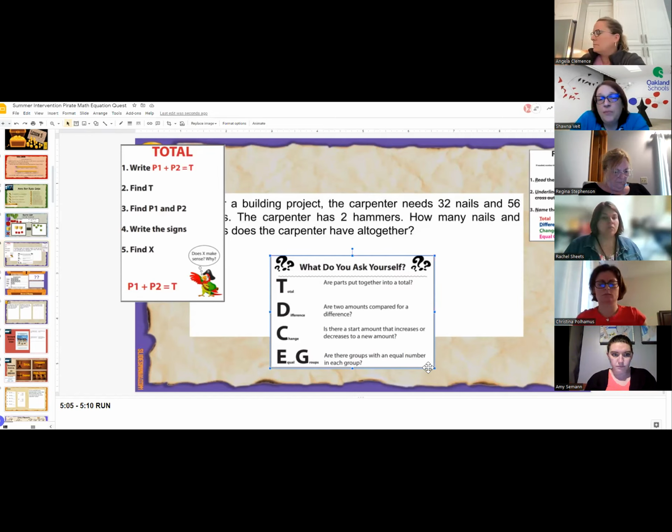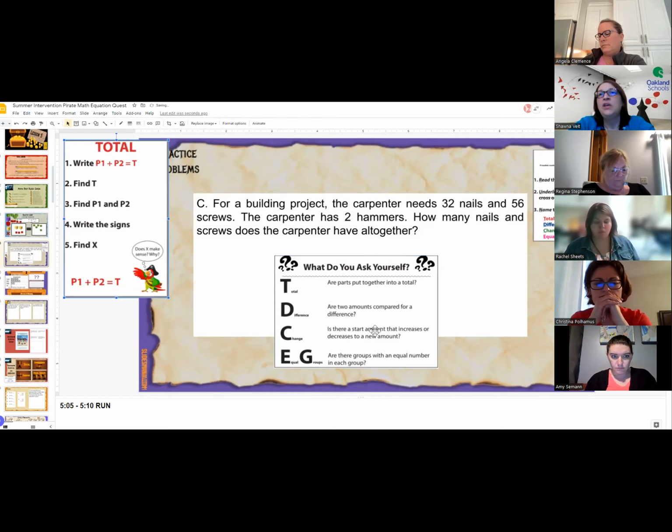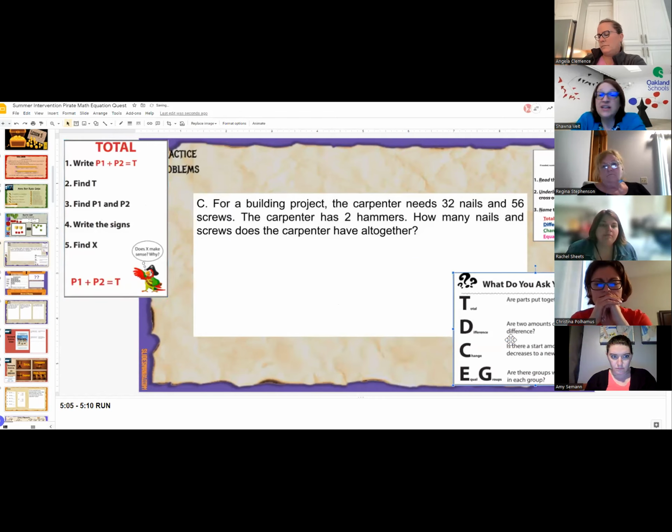And then there's going to be a couple ways that we would practice these problems. There are two things that you can do with the practice problems. You can either focus just on identifying the schema, or you can identify the schema and then solve the problem. Both are totally appropriate, and it really depends on how long it takes your kids to do the reading part. How many of you are like, yeah, the reading part is why my kids get lost?